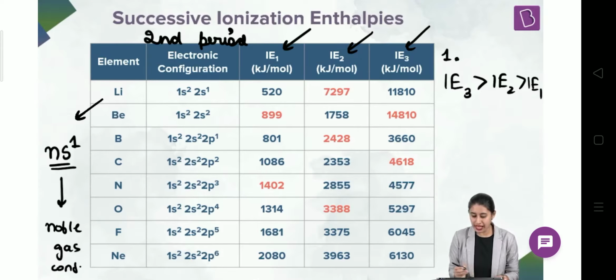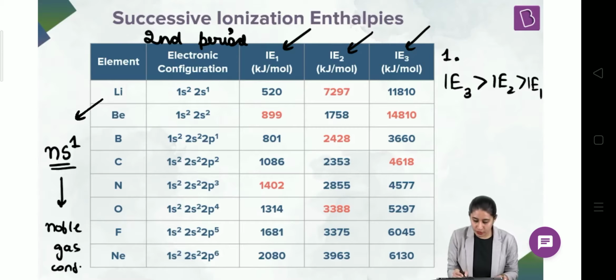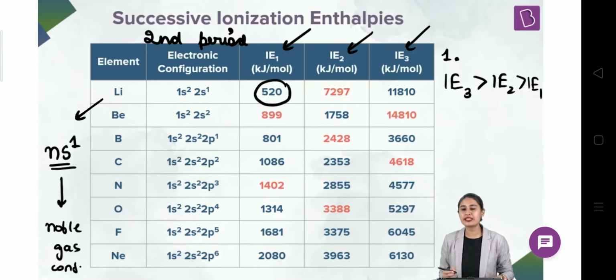If it attains a noble gas configuration, it means that first electron removal is pretty easy, but the removal of the next electron will become very, very difficult. So you can see that lithium has a very, very low ionization energy. The last electron can easily be removed because we are getting a noble gas configuration.